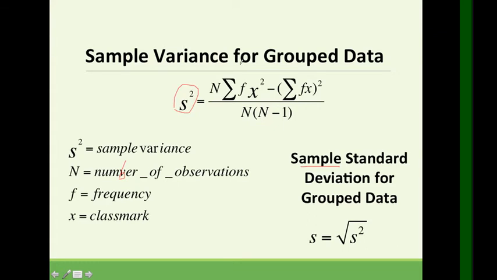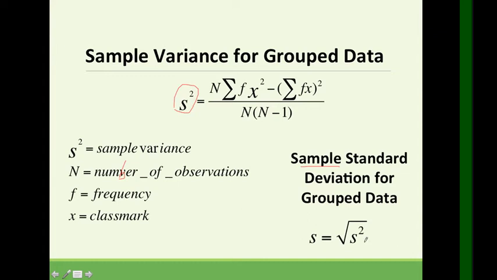So, again, for the sample variance for group data, meron tayong S squared equals N summation of f of x squared minus quantity summation of f of x squared all over N quantity N minus 1. For the sample standard deviation naman, for group data, we have S equals square root of the sample variance or S squared.